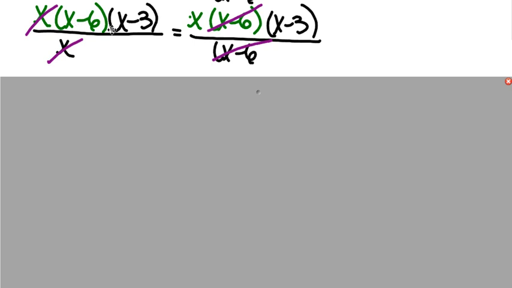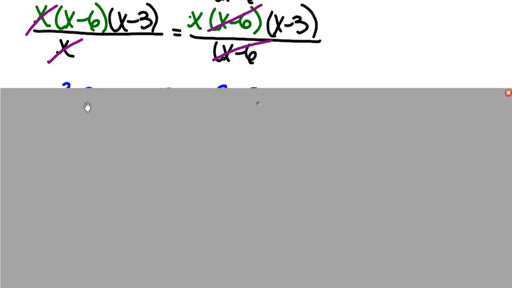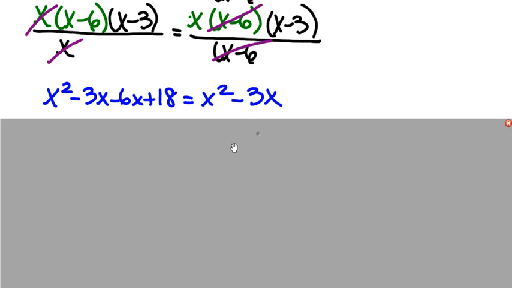So we know that if we multiply these two factors together, we would get x squared, negative 3x, negative 6x, 18, which would simplify to x squared minus 9x plus 18. On the right-hand side, we'd have x times x, which is x squared, x times negative 3, which is a negative 3x.